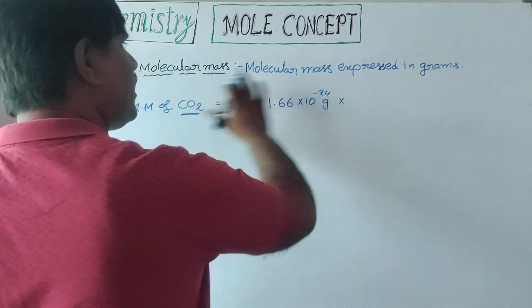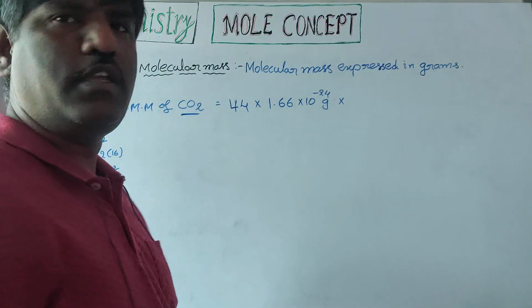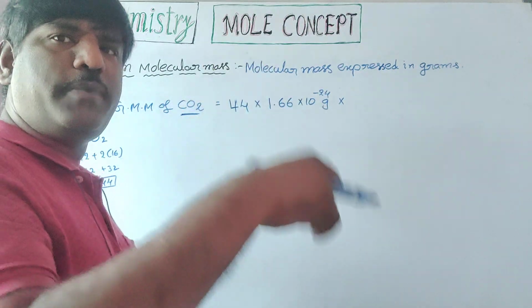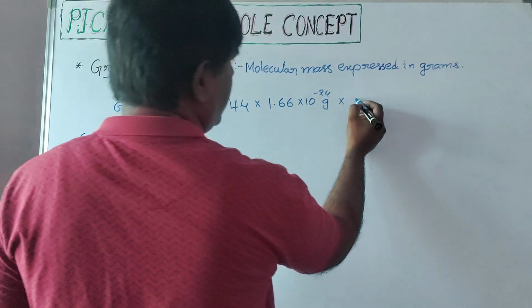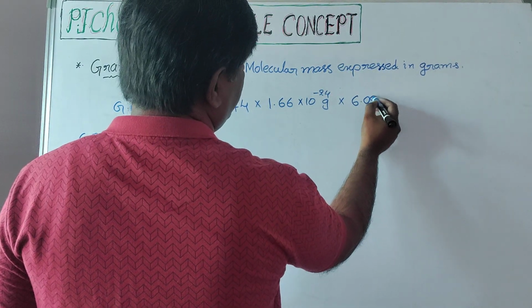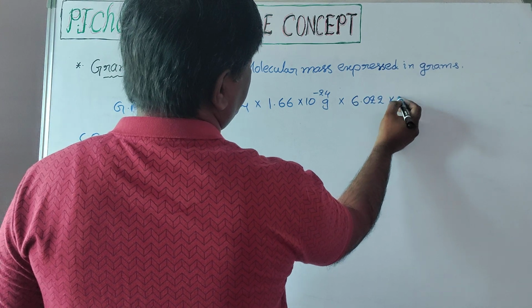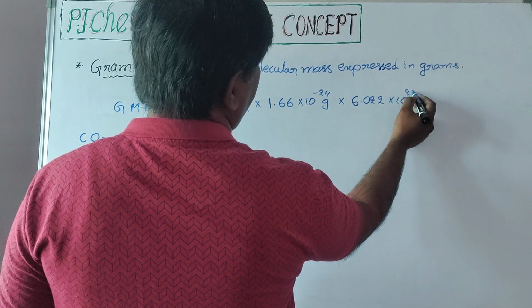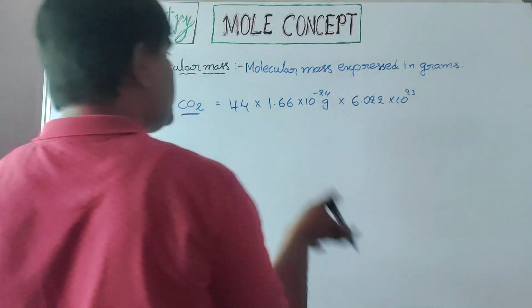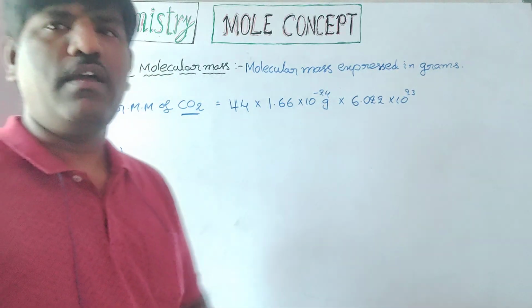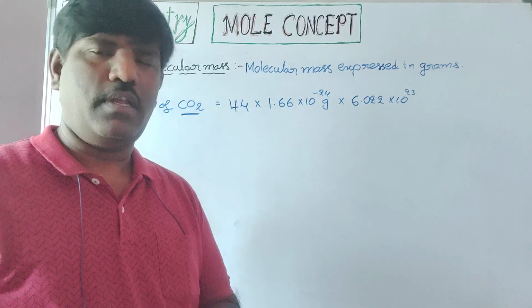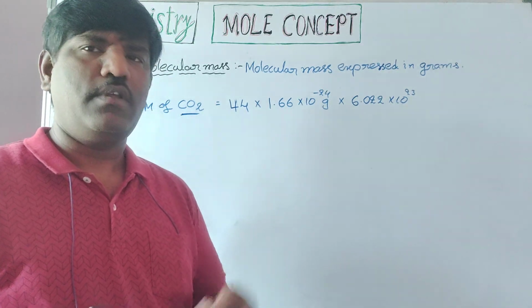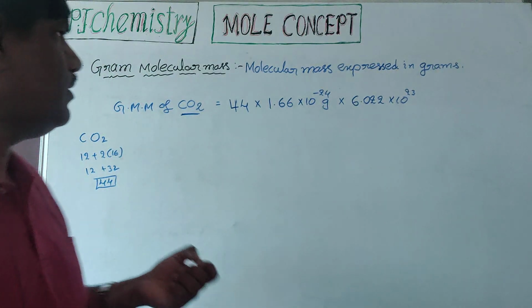When we mention gram molecular mass, immediately, how many particles are present in that gram? 6.022 × 10^23 molecules are present. Particles means atoms or ions or molecules or electrons or protons or neutrons, whatever as per the question we should follow.